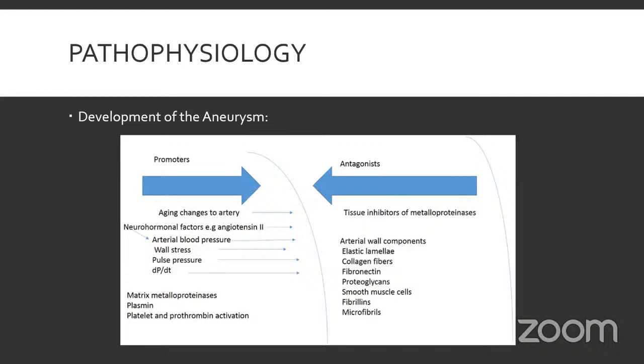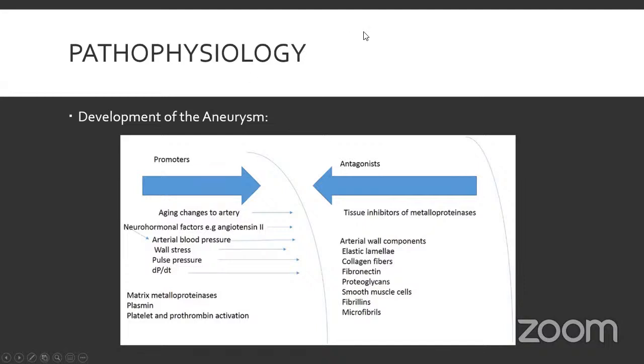Not only increased collagen, but also an increase in certain types of collagen. That leads to the loss of the distensibility of the aorta. That's why the aged population usually has a stiff aorta.